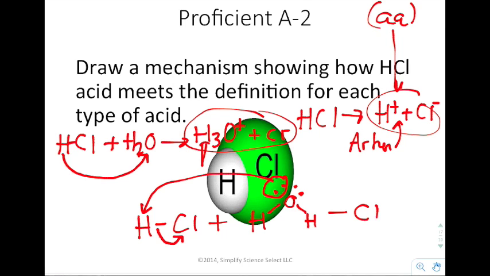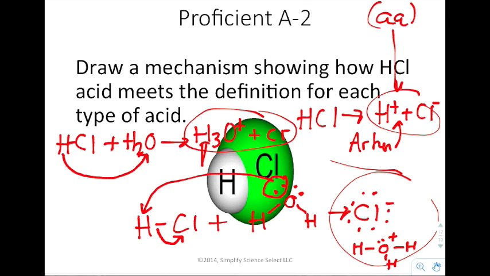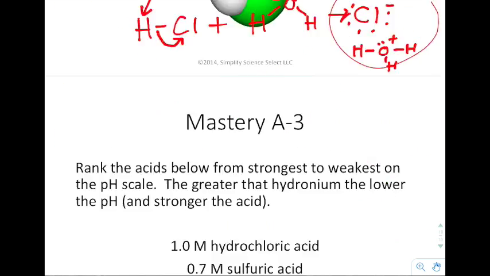When it does, now you have chlorine with 1, 2, 3, 4, 5, 6, 7, 8 valence electrons. Now remember, chlorine has 6 and then this shared pair. So chlorine's happy because it meets the octet rule, and then hydrogen is now HOH plus, because the oxygen on water has shared its electrons with that particular hydrogen. So you see, you have the same products in all 3 definitions, just different interpretations of those particular rules.